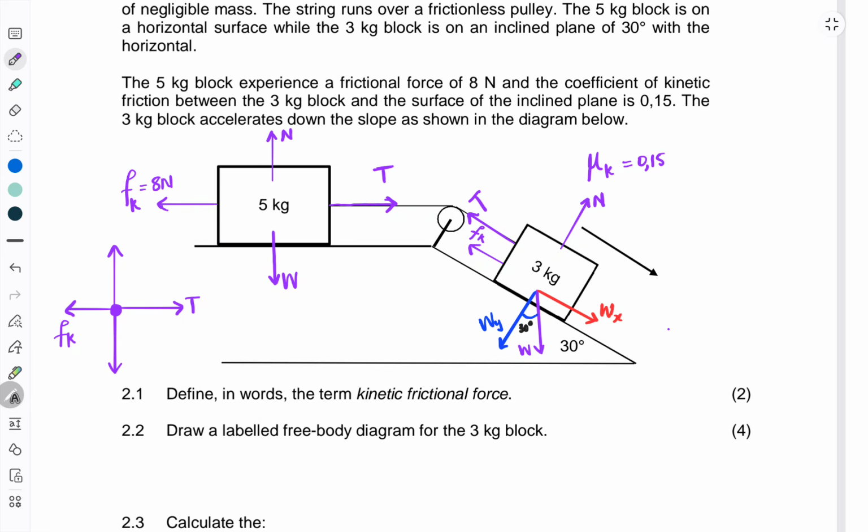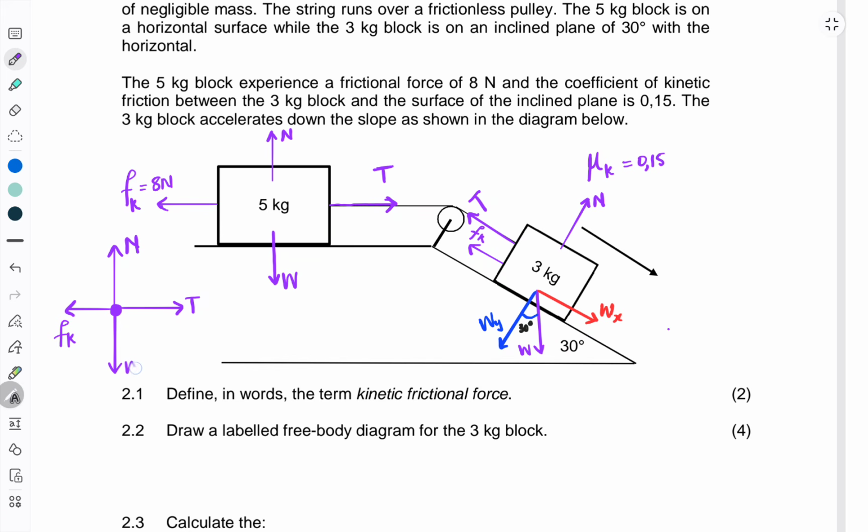If you check, the tension and the friction vector are not the same length. The reason for that is because the block is moving that way, which means, well, whatever force is causing the block to move to the right is greater than the frictional force, which is opposing that motion. So that's why the length of the tension vector is longer than that of the frictional force vector.